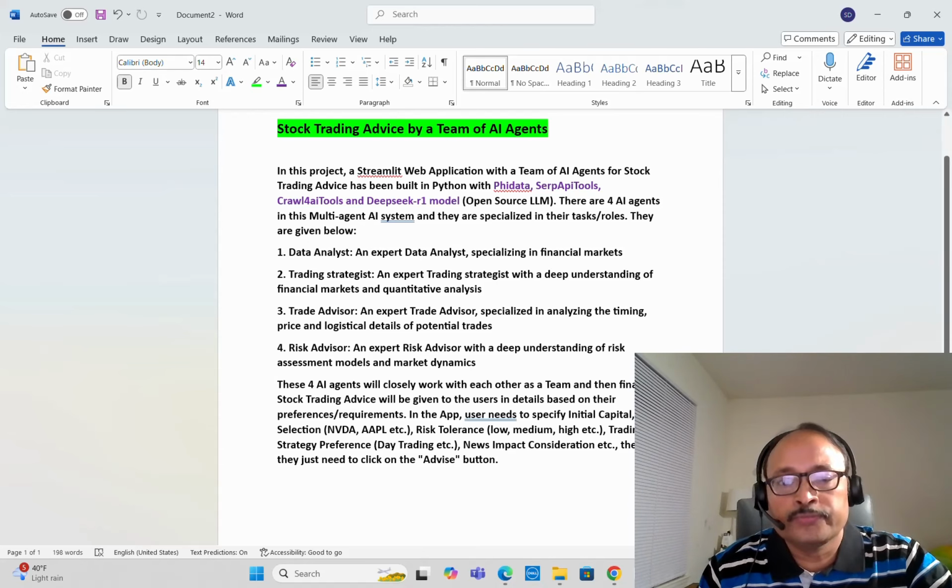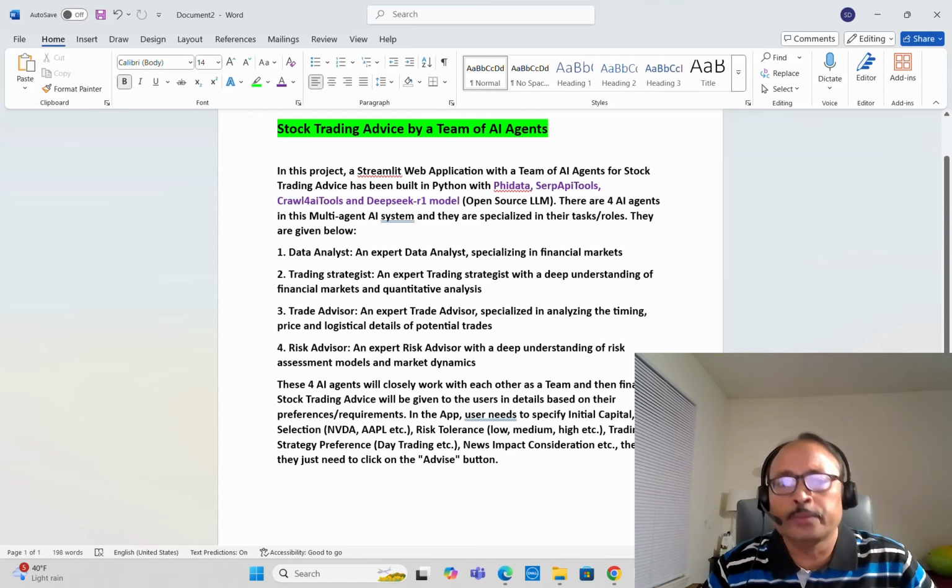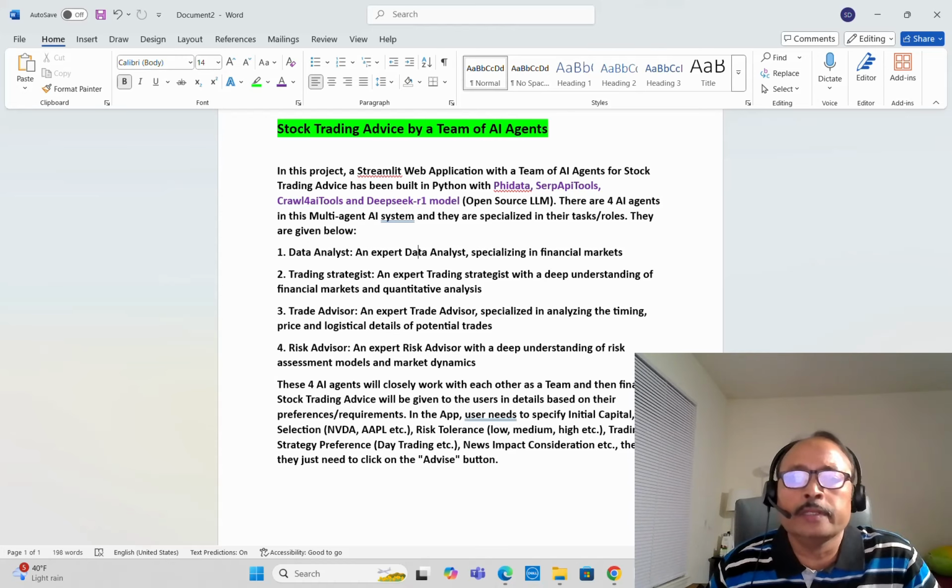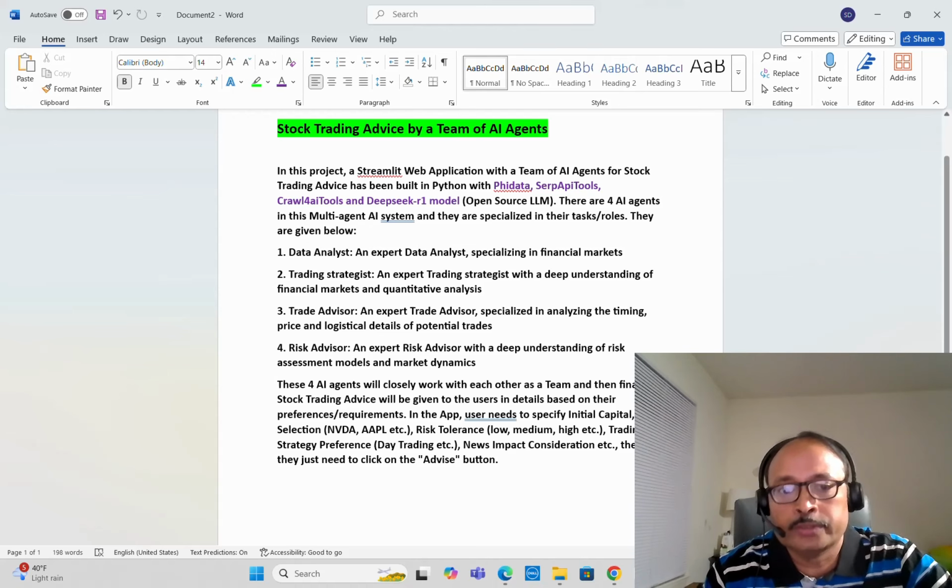And the fourth agent is the Risk Advisor, an expert risk advisor with a deep understanding of risk assessment models and market dynamics also. So these 4 AI agents will work together in this system, and finally it will give the proper advice or recommendations regarding stock trading to the user based on the user's preference or requirements.